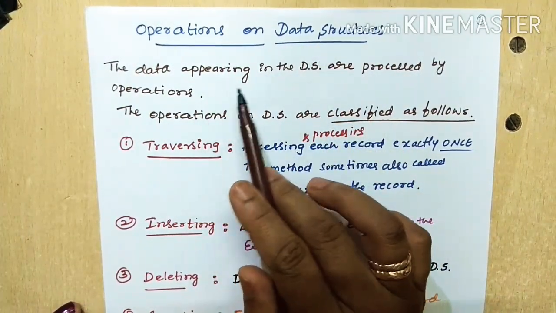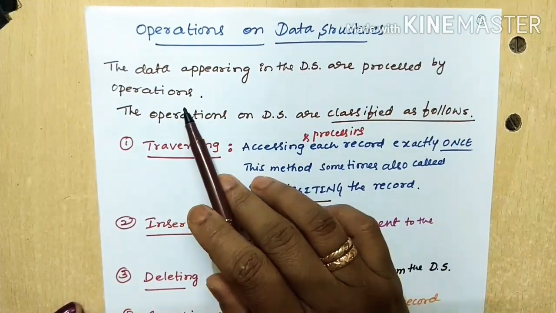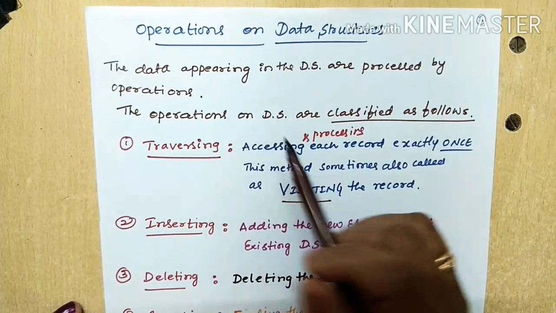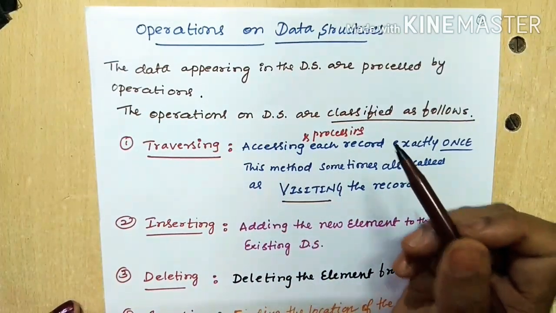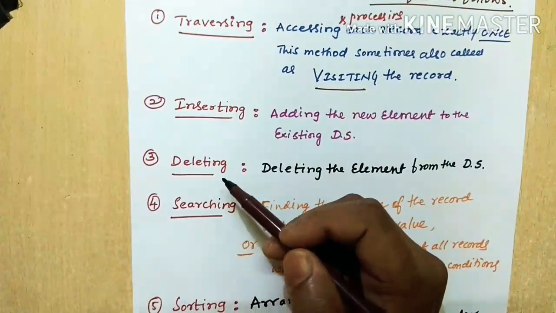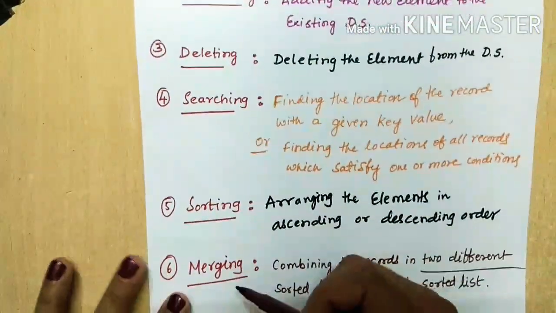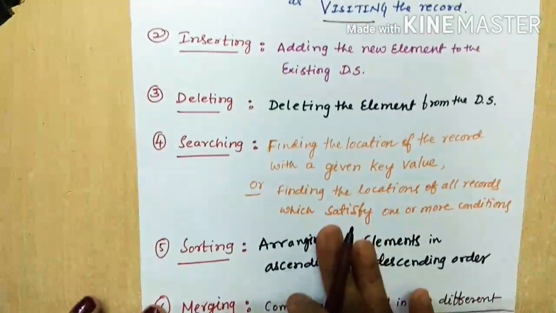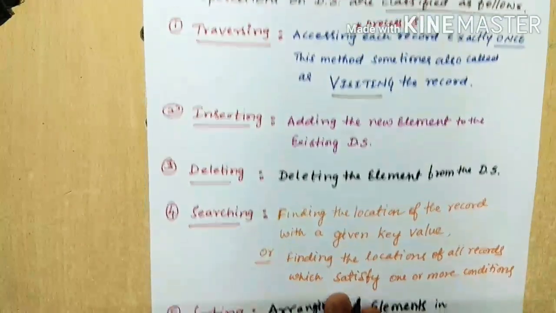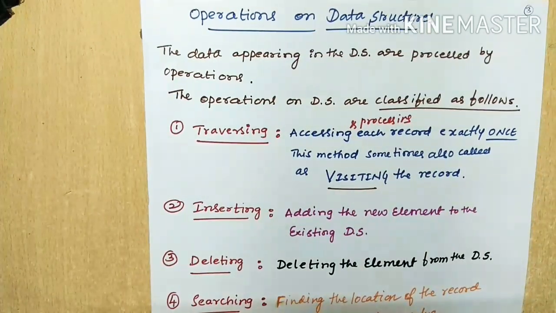The data appearing in the data structure are processed by a set of operations. What are those operations? Traversing, inserting, deleting, searching, sorting and merging. Let us discuss these operations one by one.